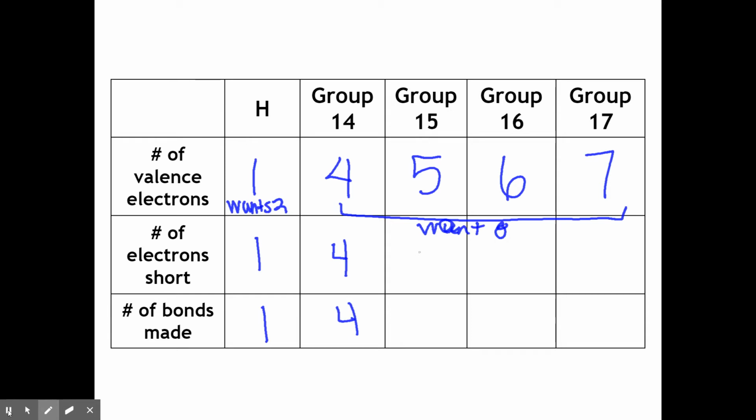In group 15, they want 3 more electrons, so they will form 3 bonds. In 16, they have 6, so they want 2 more, so they will form 2 bonds. And things in group 17 want 1 more valence electron, so they will generally form 1 bond.